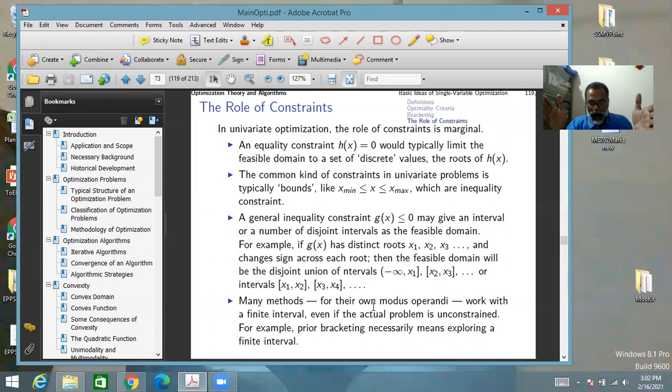We are eager to find a solution in this interval. So an interval is something with which many methods operate as a sort of way of operation. So that is why for single variable optimization, we do not separately study constraint optimization. Single variable optimization, whether constrained or unconstrained, it doesn't matter much because the role of constraint is very limited.